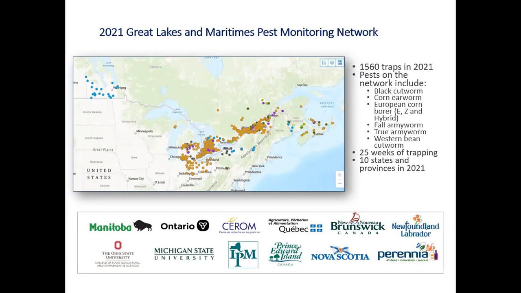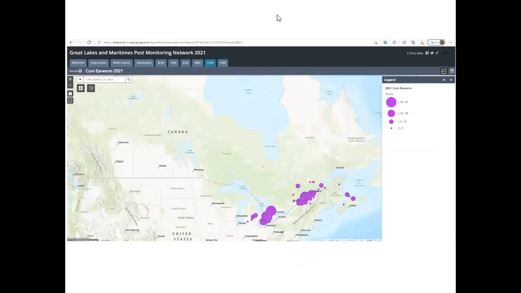And so through this pest monitoring network, we've got citizen scientists, we've got researchers from all of the different jurisdictions, universities and government, and cooperative extension in the states. And they're all able to go into this network and input their trap counts. And so when you look at it, you can choose which pests you want to look at.